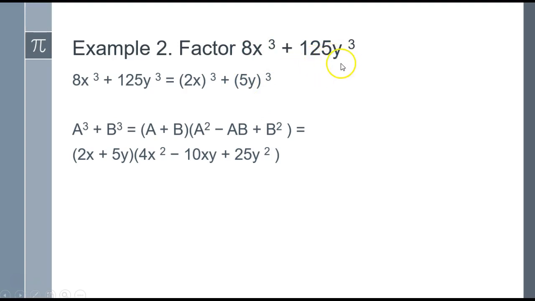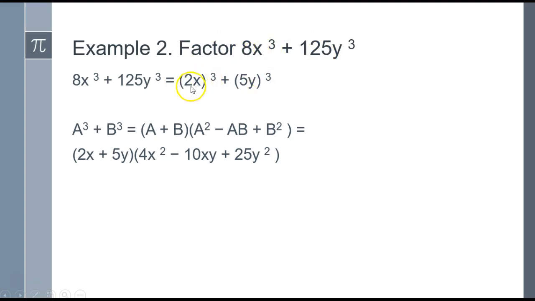It's helpful to recognize that. You look first for a common factor, though, because you may be able to apply this sum of two cubes, but maybe only after you pull out a common factor. 8 and 125 did not have a common factor, so then I recognize that 8 is a perfect cube and 125 is a perfect cube.